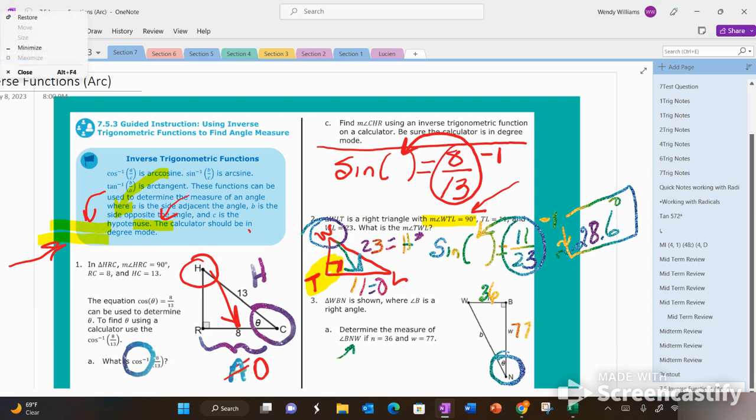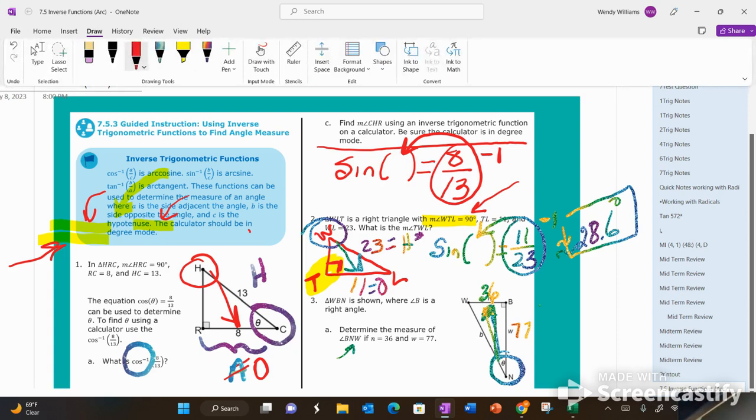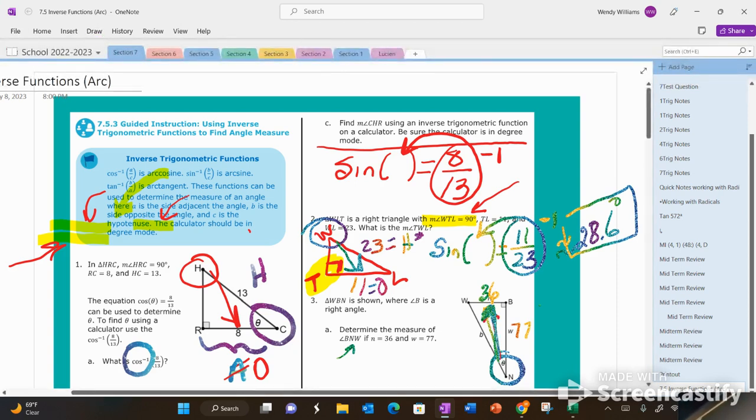All right? According to this picture, what trig function are we going to use? Well, according to N, this is my opposite, and according to N, this is my adjacent.